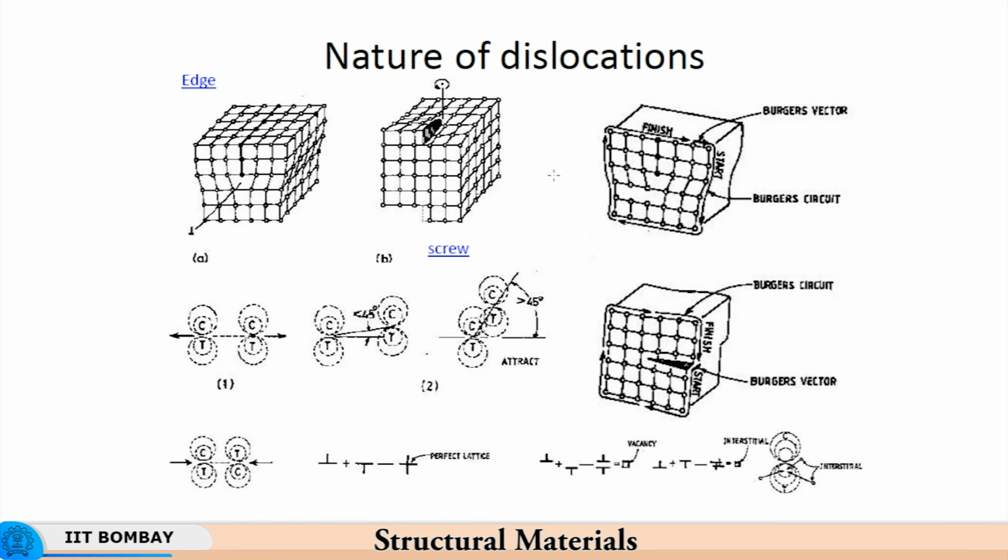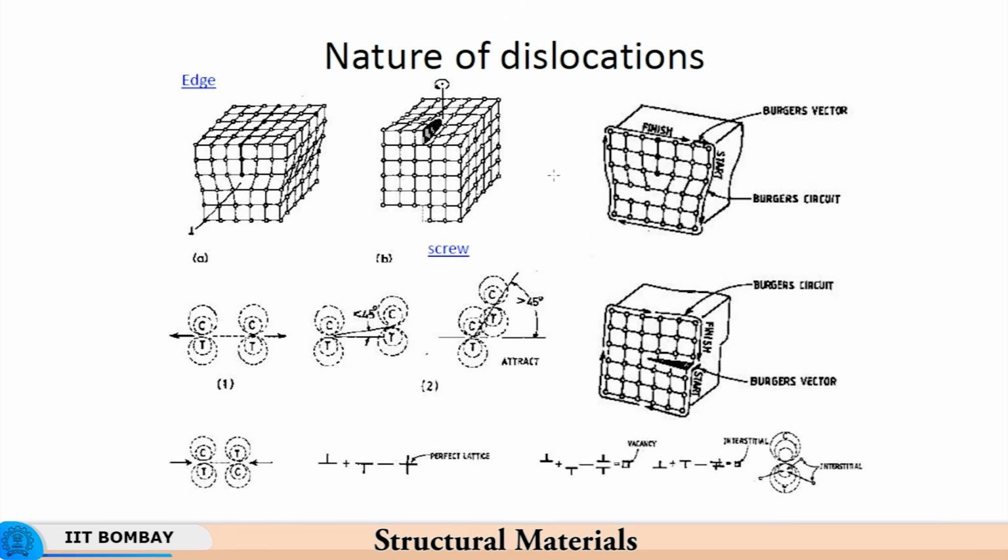Similar to two positively charged particles coming close to each other, which will tend to repel each other. Similarly, you have the two similar stress fields repelling each other. So these two dislocations would generate a repulsive force on each other.